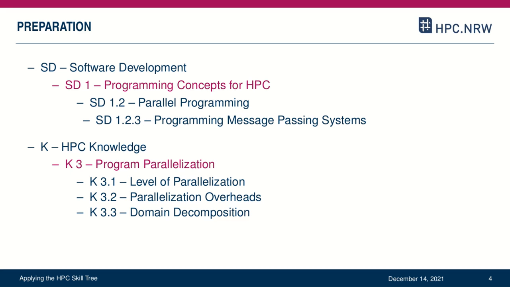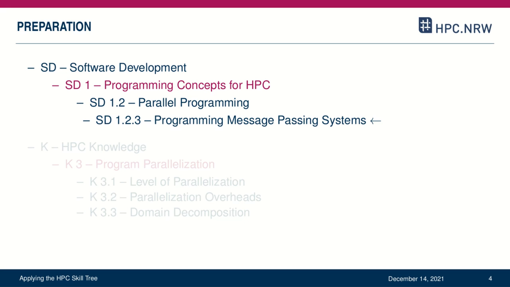So they're touched, and we'll have to discuss on how to integrate those. But for now, I would not cover HPC knowledge or classification in HPC knowledge, and more focus on the SD123, which is programming message passing systems.